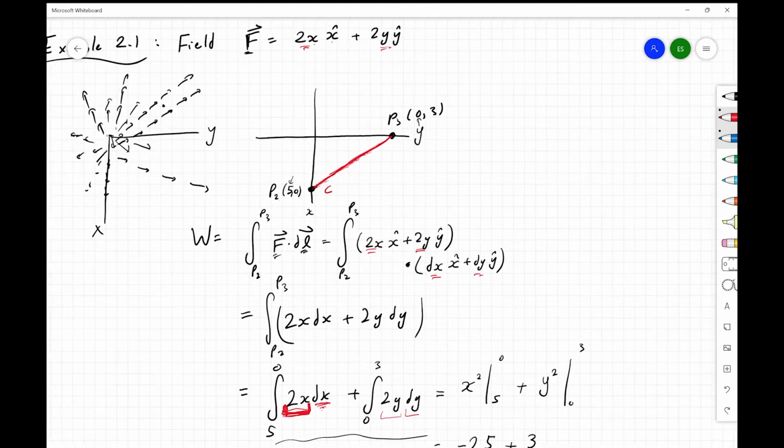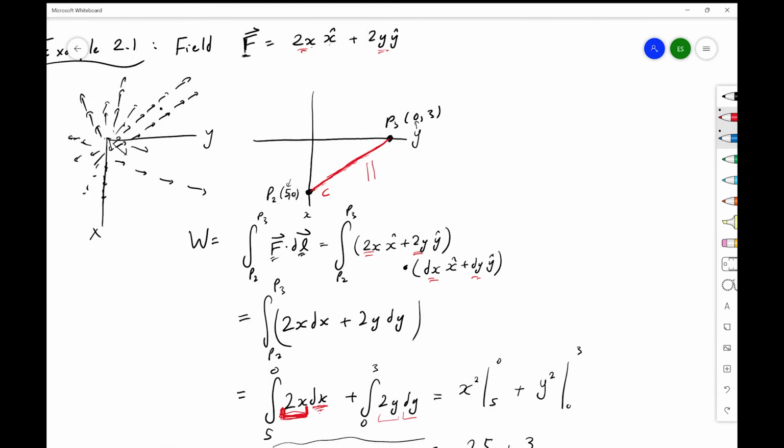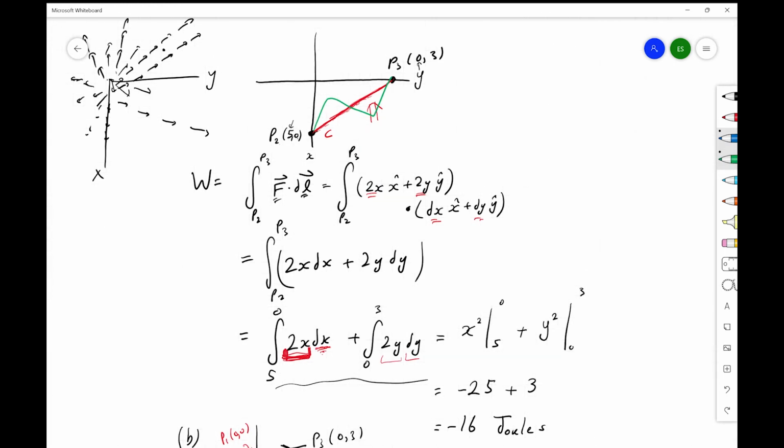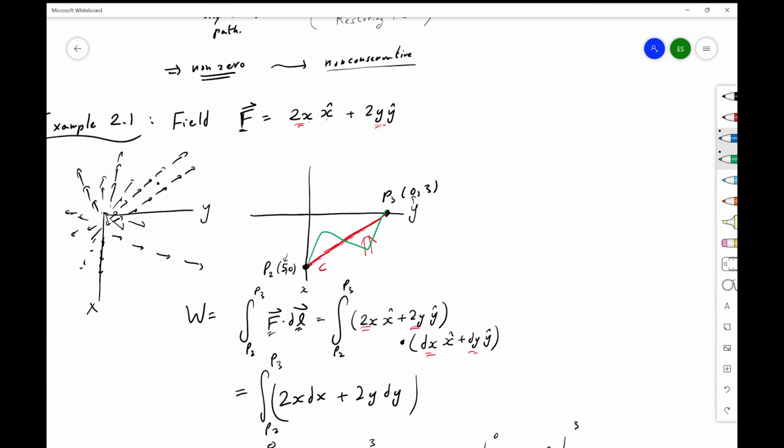That's why for this particular example, this path didn't matter much. I could have had a path that's like this, and we'd still get the same result because of this nice separation quality, right? So we can say that for this kind of specific field, we can easily show that, yeah, this is a conservative field, right? But it's not going to be the case always.